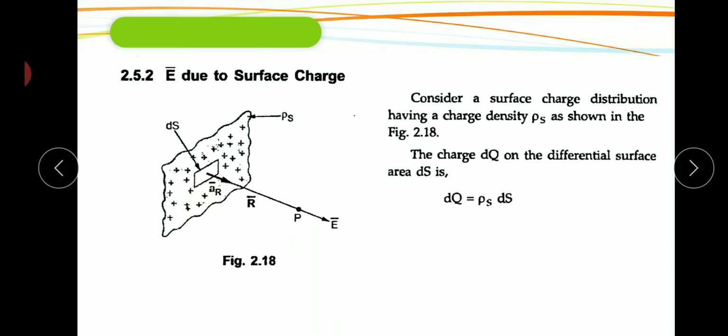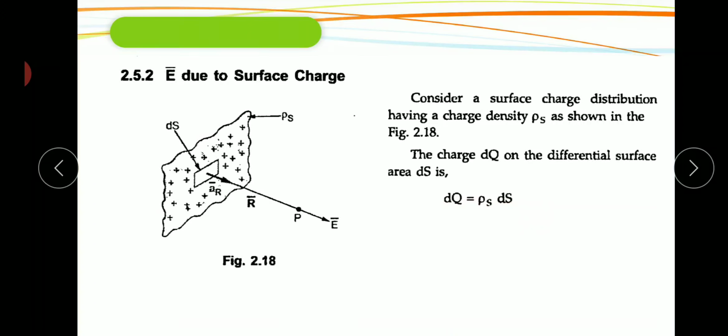Now here rho s is the surface charge density. Surface charge density means charge per unit area. Its units are coulomb per meter square. Now the expression for the smallest charge, that is dq, in the case of surface charge is rho s ds.